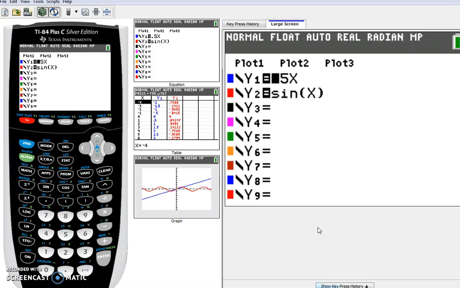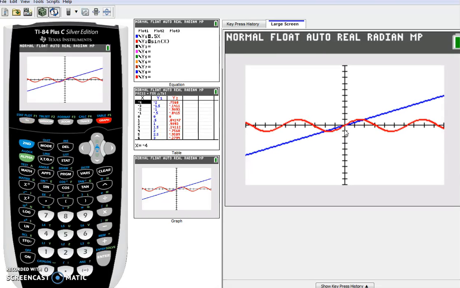Using your graphing calculators, y1 I set equal to 1/2 x, or that's the same as 0.5x. y2 is sine of x. If you have the standard setting, we have way more than what we want.